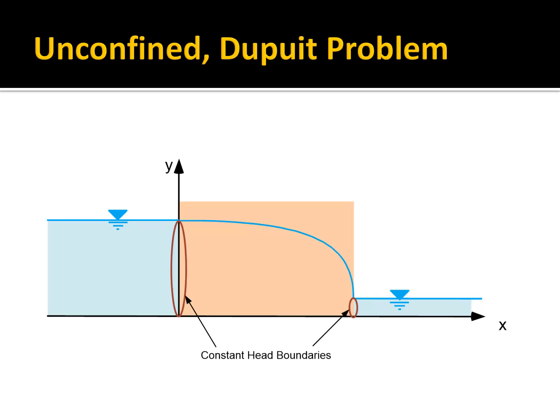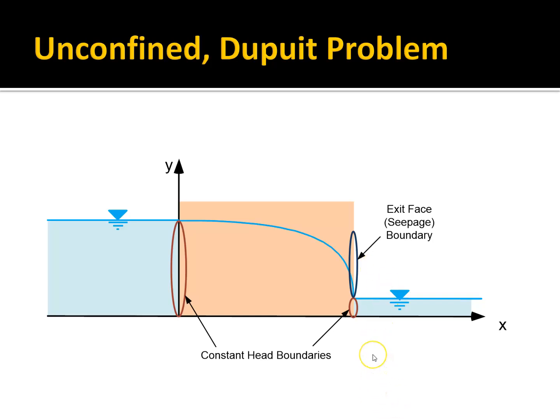But now we have an additional boundary when you're dealing with unconfined problems where you have a saturated zone and an unsaturated zone. Somewhere on the back end, you specify what is called an exit face or a seepage boundary, and that is the location where you would expect the phreatic surface to exit.